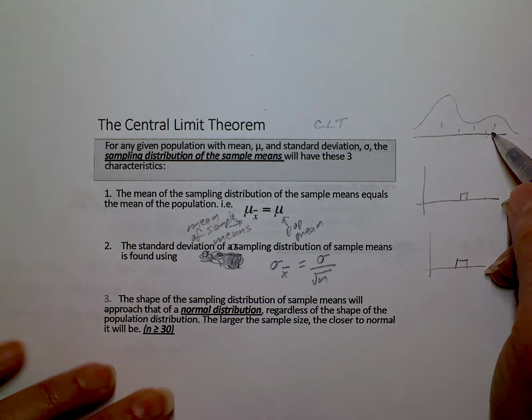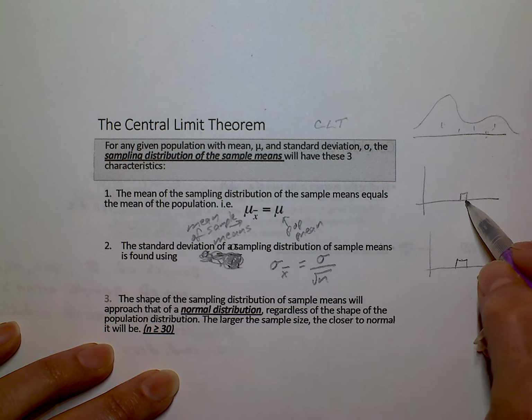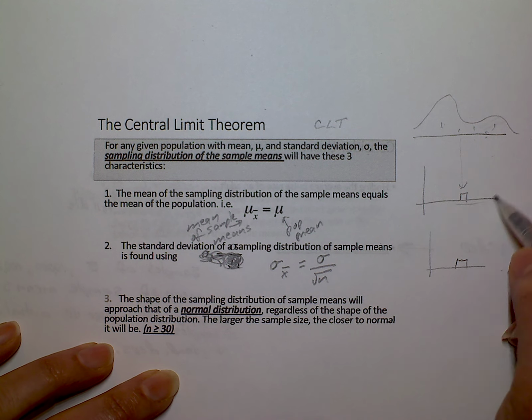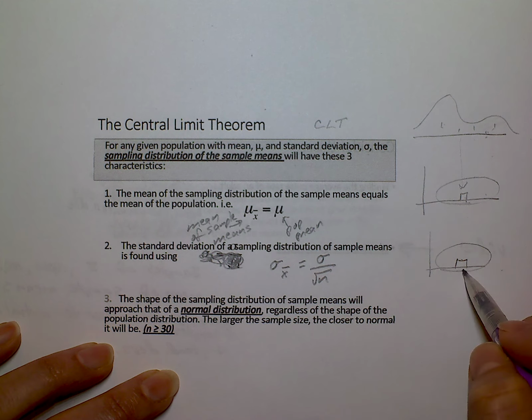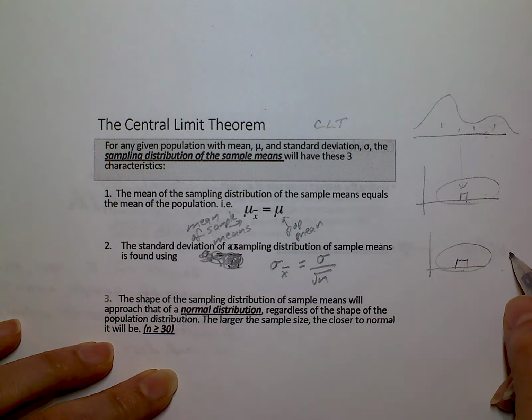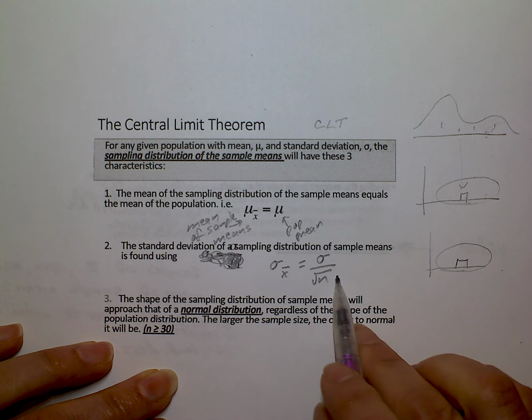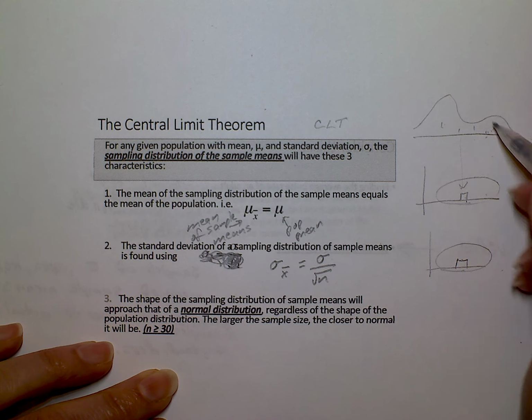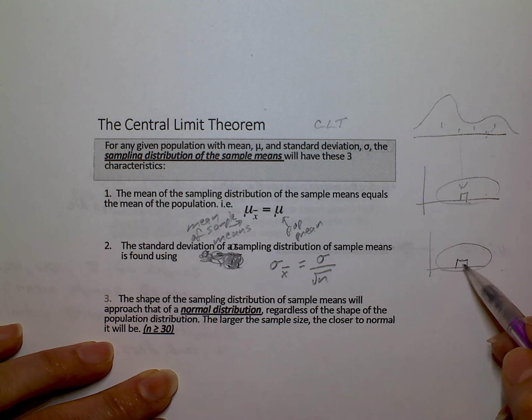So this time when I take my sample and I find its standard deviations, and then I take all my standard deviations of all the samples, I get a new standard deviation that is the old one divided by square root of n. Remember how it wasn't the same. It was much smaller. That's because we take the standard deviation and divide it by the square root of n. And that's going to give us the standard deviation of the sampling distribution.